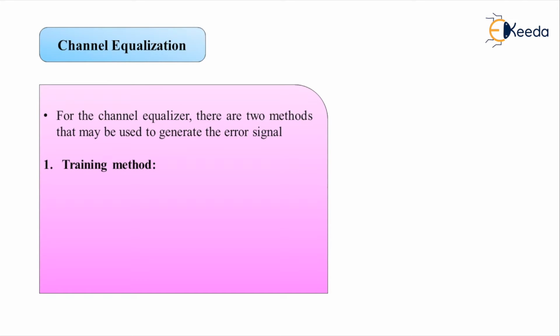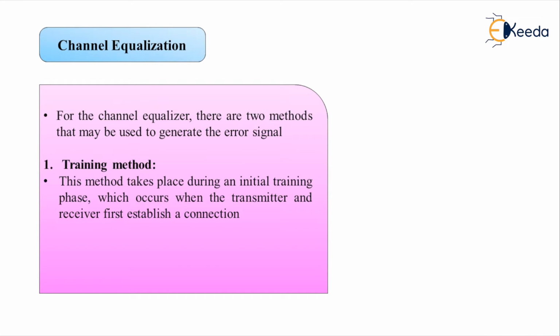Regarding the training method, it occurs during the initial training phase that we have represented in the block schematic. The training phase is pointing from the left hand side to the right hand side. This occurs when the transmitter and receiver first establish a connection between them.